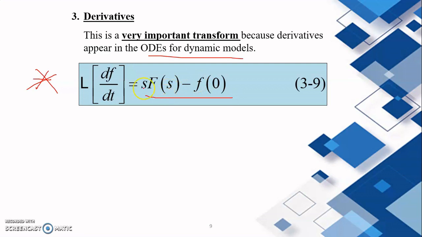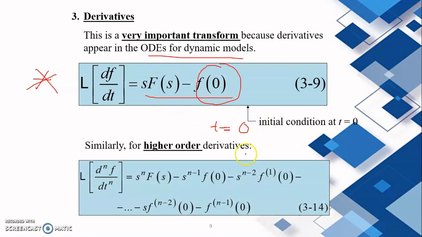We put s times F(s) minus f(0). What does it mean at the back? It is the function when the time is equal to 0, so we put that value minus the function at time 0.